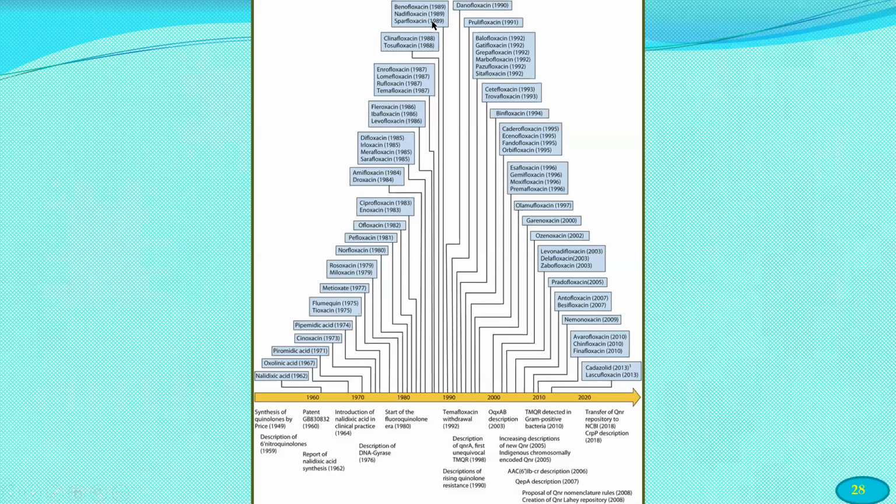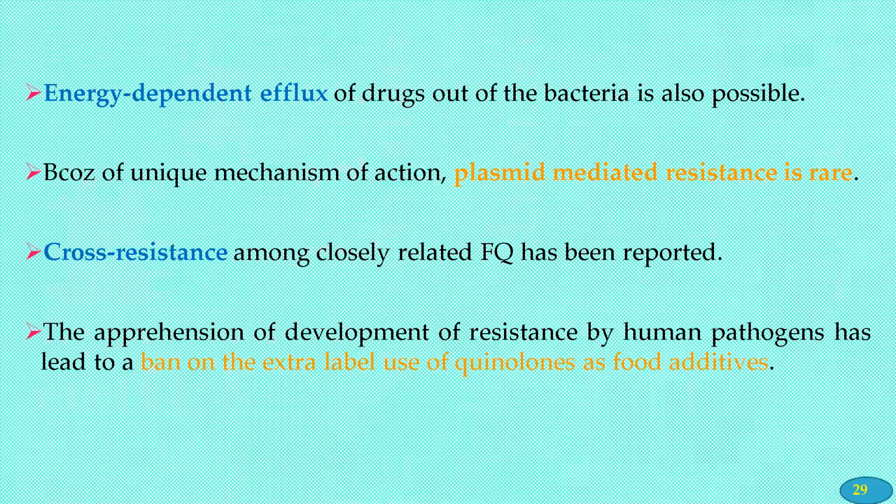All these were developed in the recent 30 years, whereas the second generation agents, like moxifloxacin and gatifloxacin, etc., were developed in 2007. So this is an era of the synthesis of these fluoroquinolones, which began in 1949, and as of this year 2018, a lot of antibacterials belonging to this category have been developed.